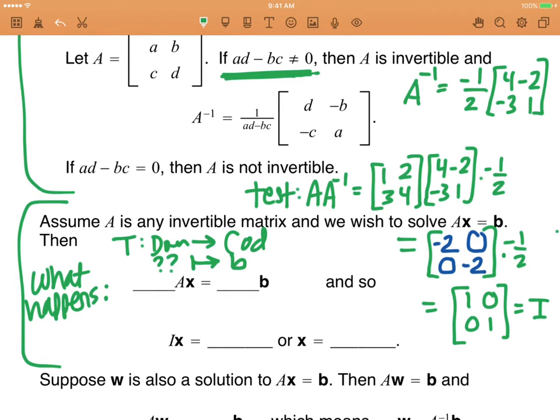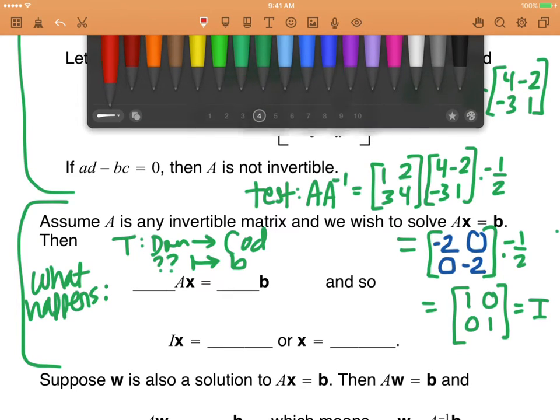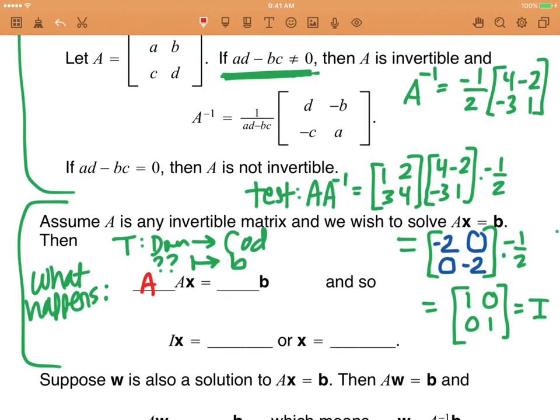What happens if we multiply A by A inverse? Let me do that with another color. What happens if we multiply in front by A inverse on both sides? This is a legitimate operation, so you can always take both sides of an equation and multiply it by the same matrix, as long as you always multiply it on the same side.